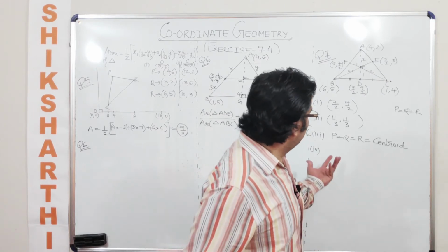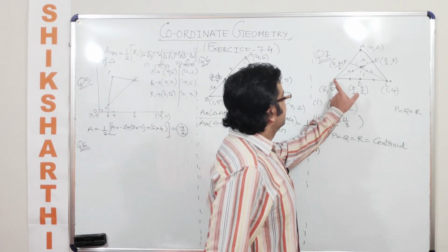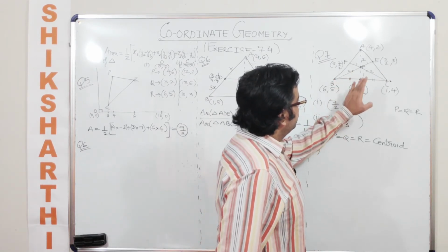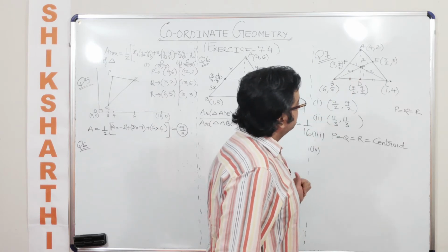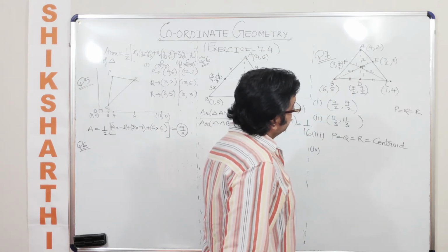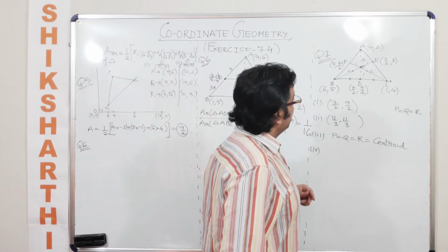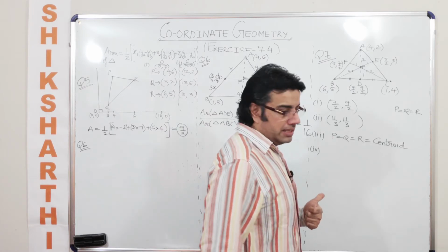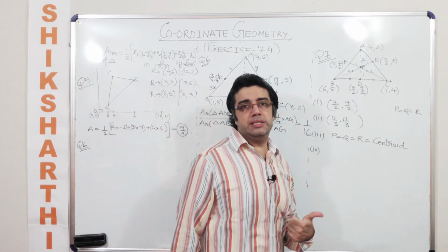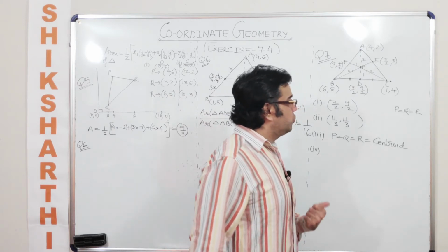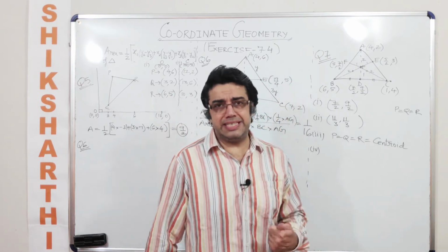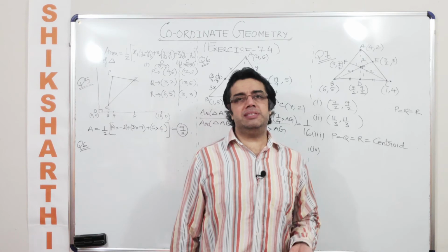We observed that if BQ is to QE is the same as CR is to RF, is the same as AP is to PD, is the same as 2:1, in that case P, Q, R are not distinct points, they are nothing but the same point.